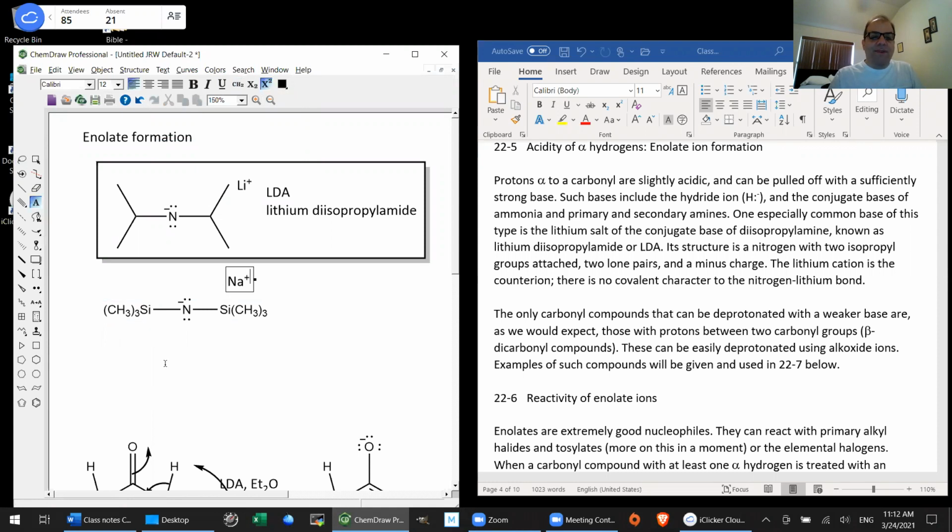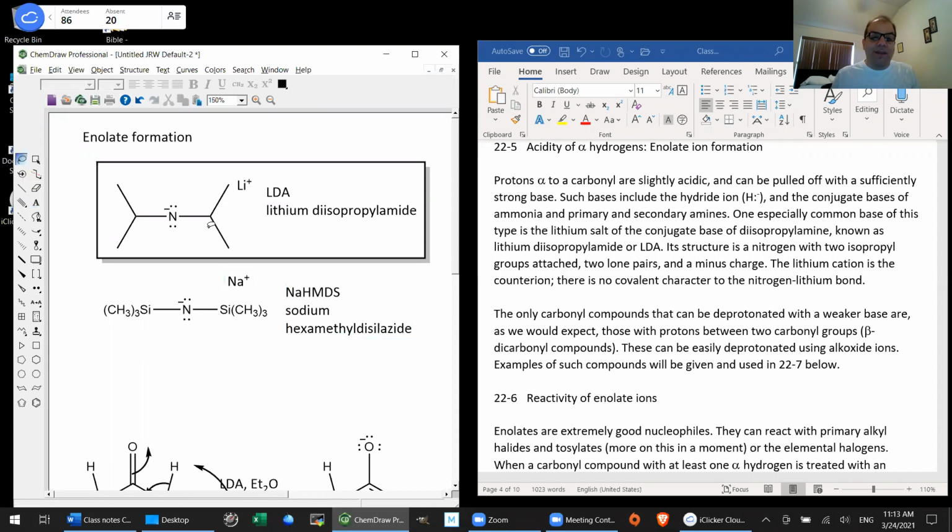This is a very long and awkward name, but sometimes we call this NaHMDS, which stands for sodium hexamethyldisilazide. But I don't really care if you know about this one, but you can see that it's the same type of idea.